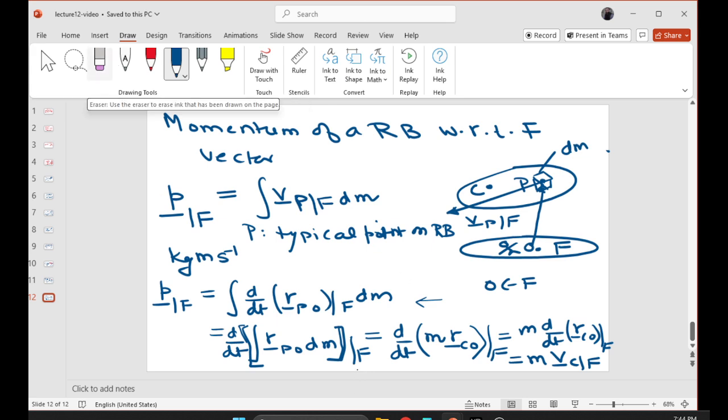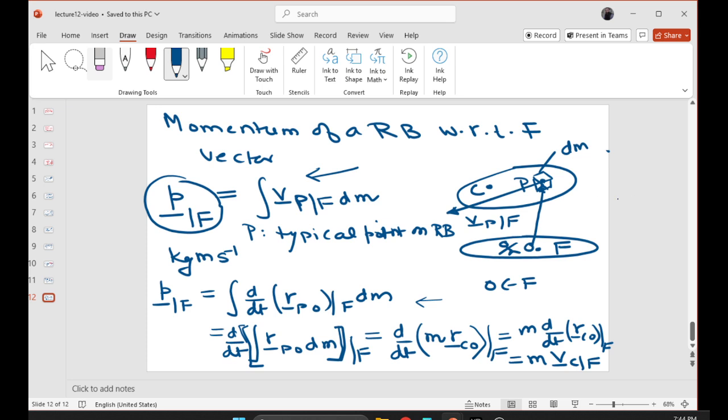Thus, the momentum of a rigid body with respect to frame F can be expressed directly in terms of the velocity of the center of mass with respect to the same frame and the mass of the body itself. So there is really no need to perform this integral every time to find the momentum of that RB.